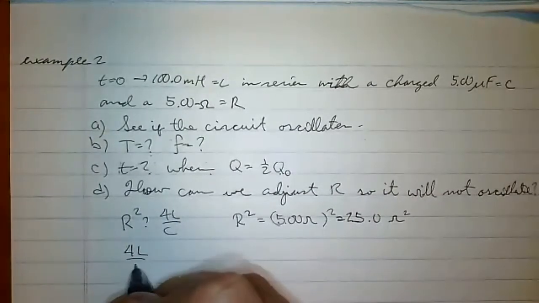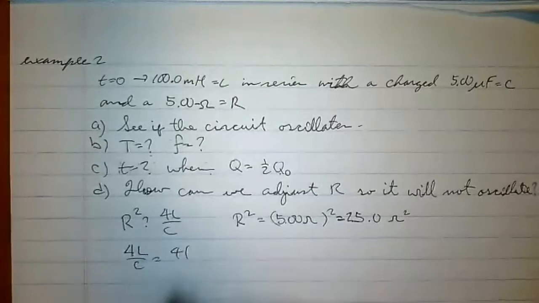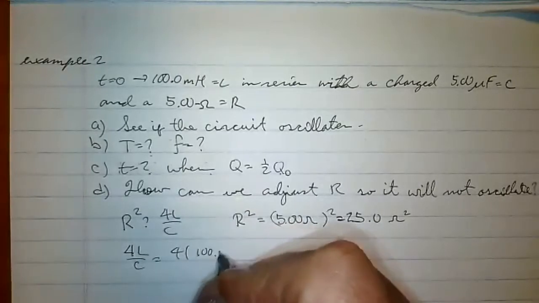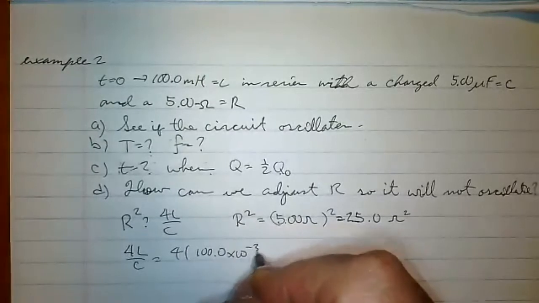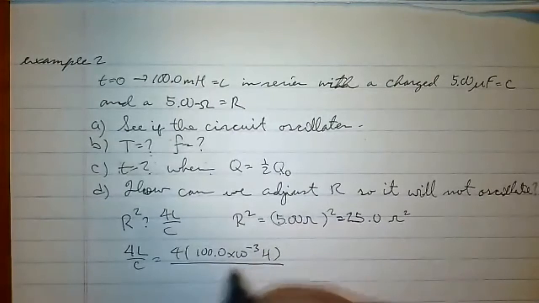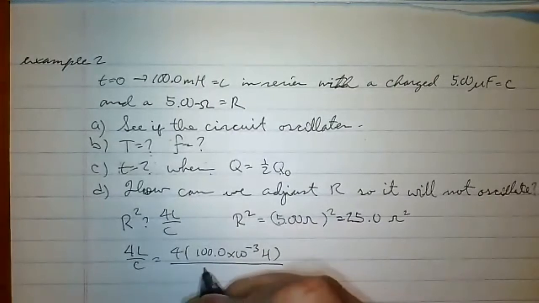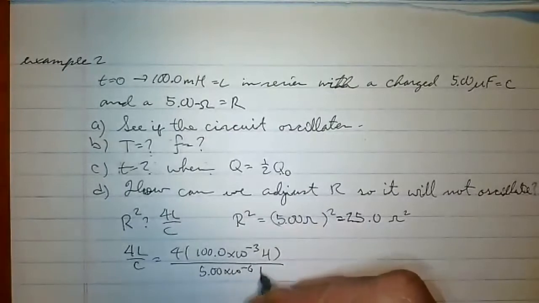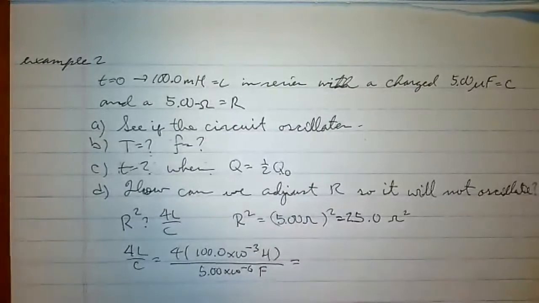Well, 4L over C would be 4 times L, which is 100.0 times 10 to the negative third henries, over C, which was 5.00 times 10 to the negative 6 farads.